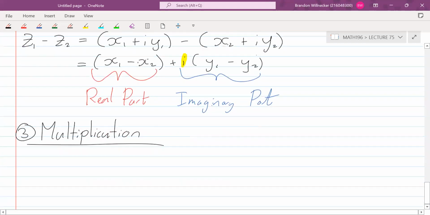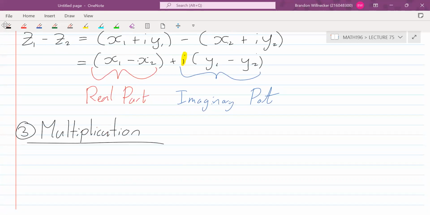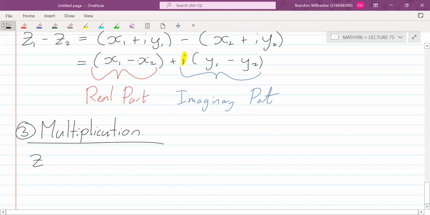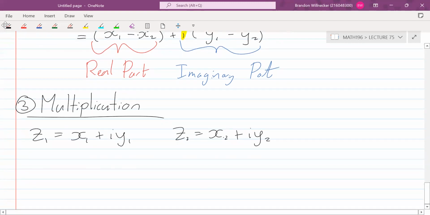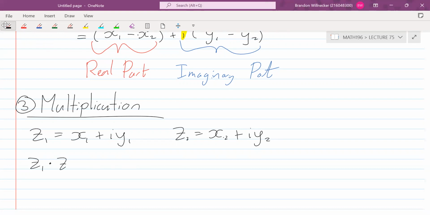Okay, so again, we're going to pick two complex numbers and we're going to try and multiply them to see what the rule is. So we have z1, it's going to be x1 plus i y1. z2 is going to be x2 plus i y2. We're going to multiply them. So that's going to be z1 times z2 is going to be (x1 plus i y1) times (x2 plus i y2).